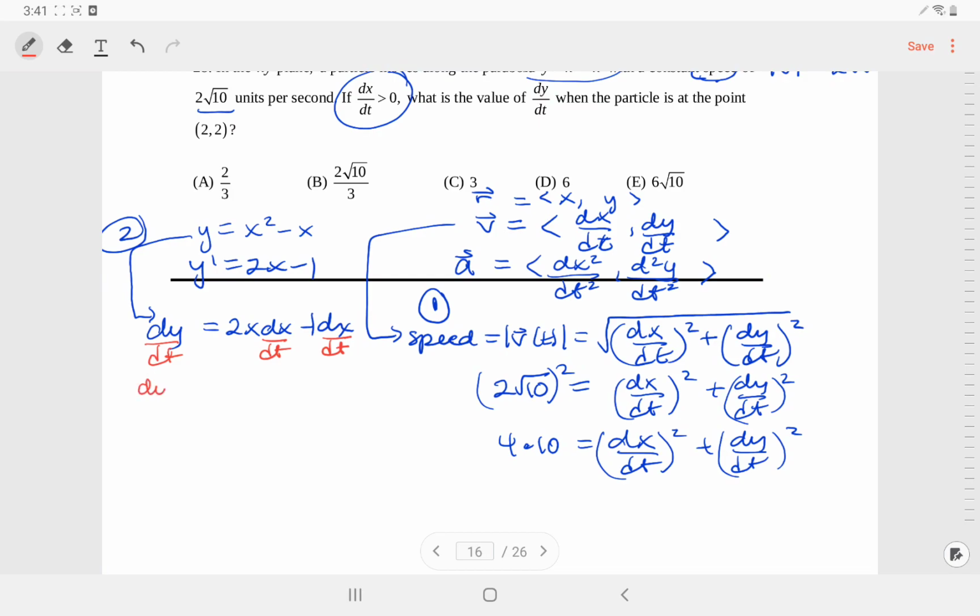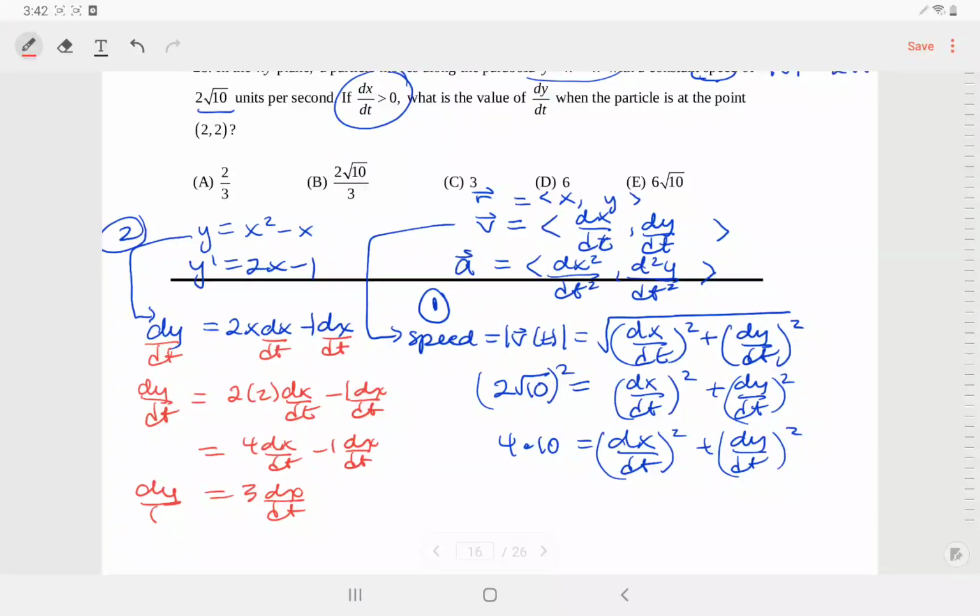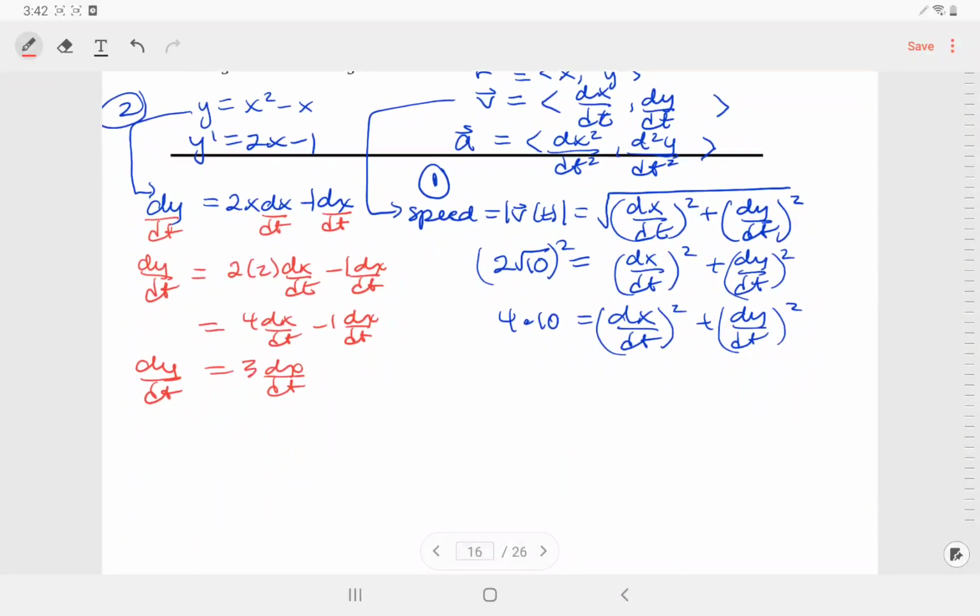So I should be able to substitute in (2, 2) right here. So 2 dx/dt minus 1 dx/dt. So that'd be 4 dx/dt's minus 1 dx/dt. So that's 3 dx/dt's, and that's dy/dt. I guess I can put this over here.